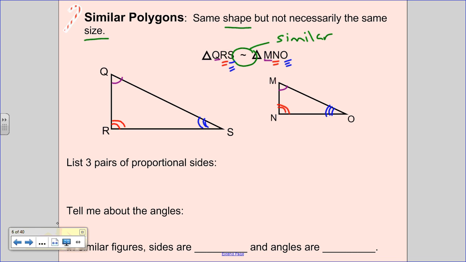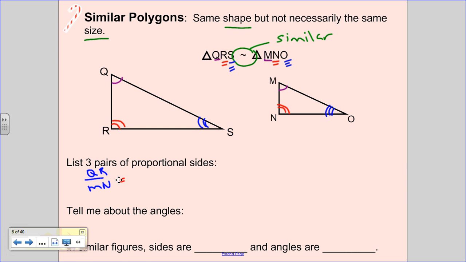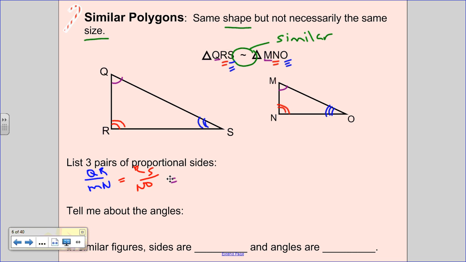Now it wants us to list the proportional sides. So that means QR is proportional to MN. RS is proportional to NO. And QS is proportional to MO.